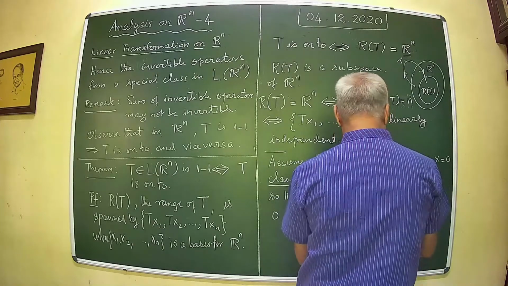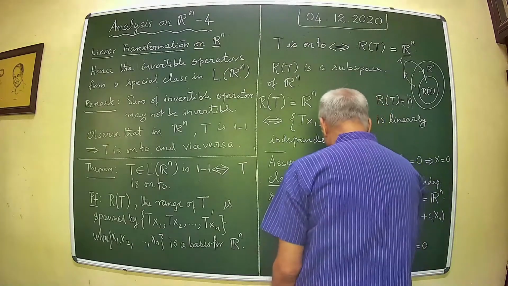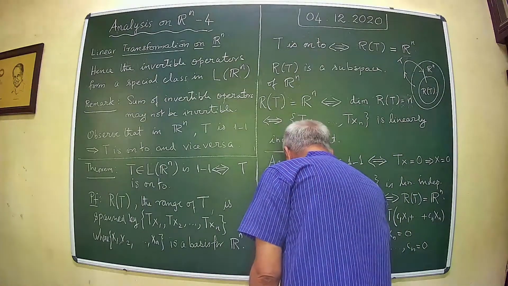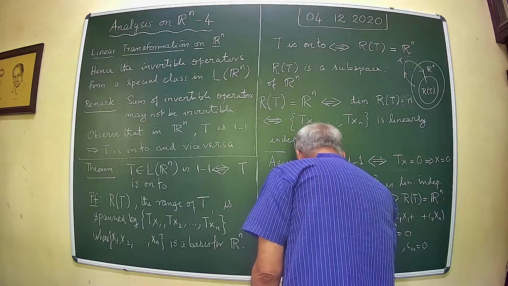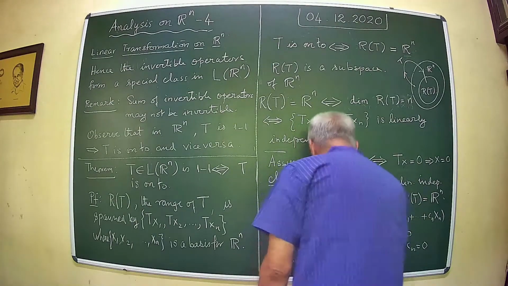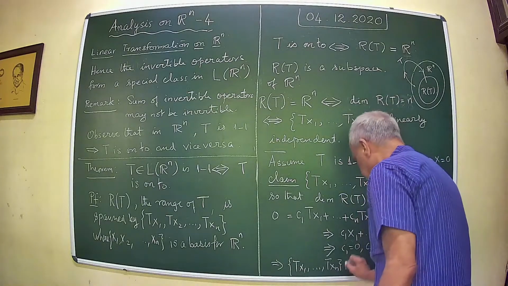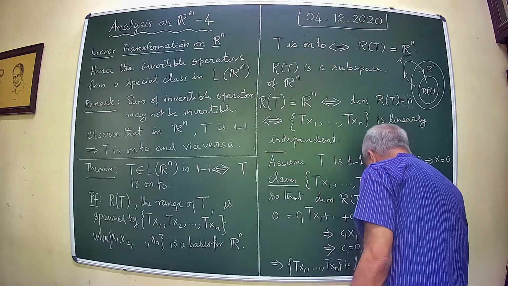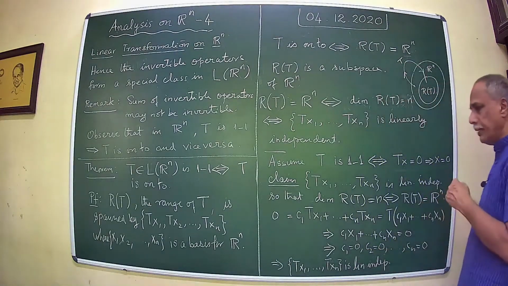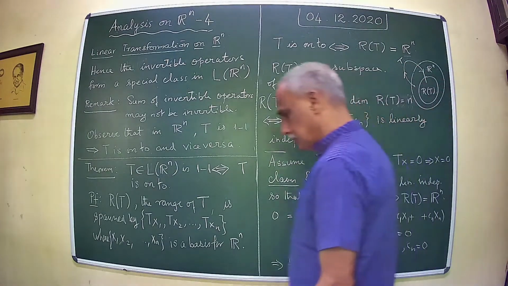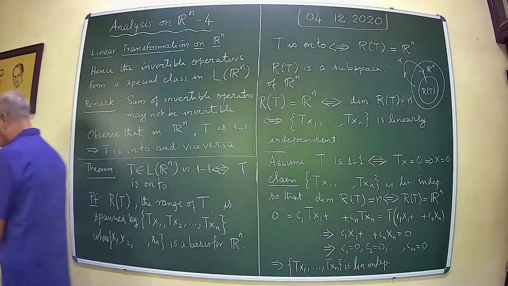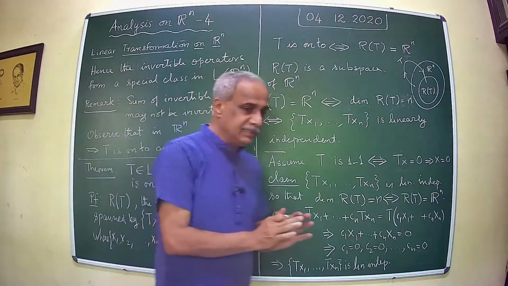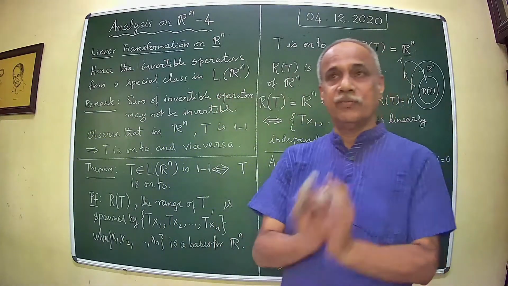This is because x1, x2 are linearly independent. So it forms a basis, so RT is a subspace spanned by n linearly independent vectors.